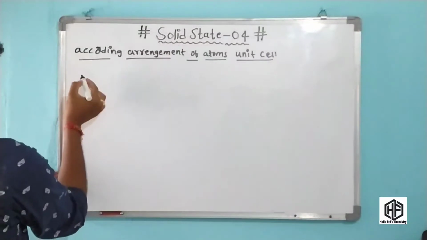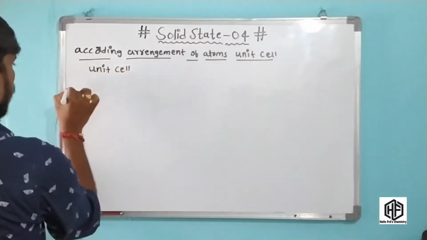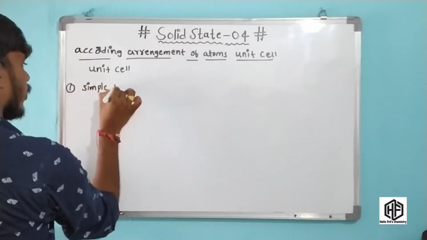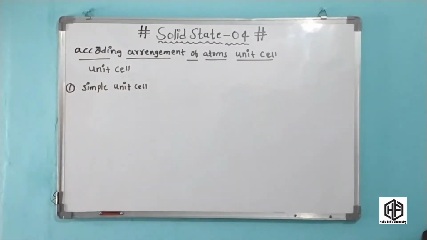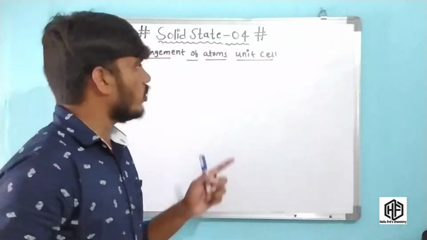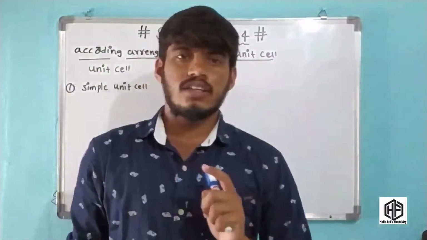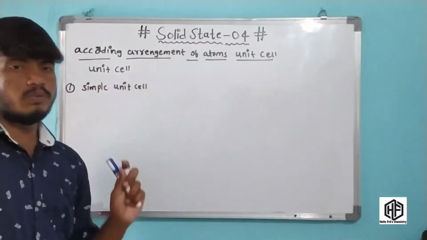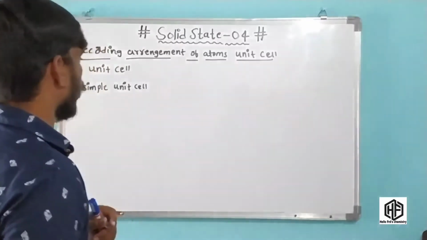First one is the simple unit cell. According to the arrangement of atoms, unit cells are classified into 2 categories, and further the centered unit cell is classified into 3 categories. In total, according to the arrangement of atoms, unit cells are classified into 4 categories.